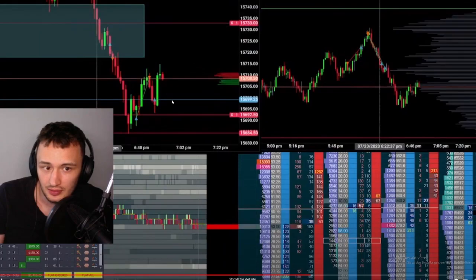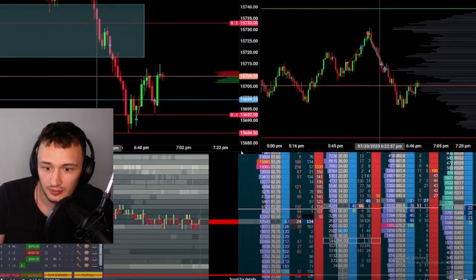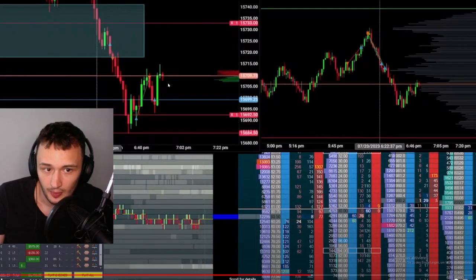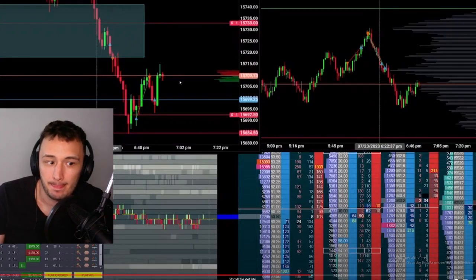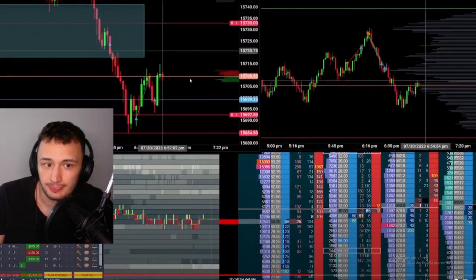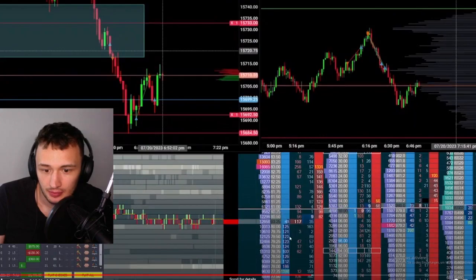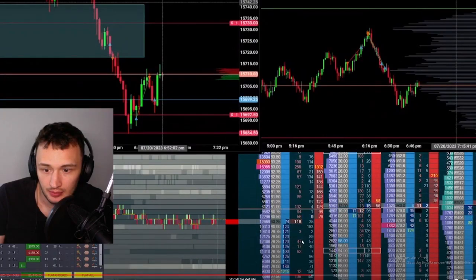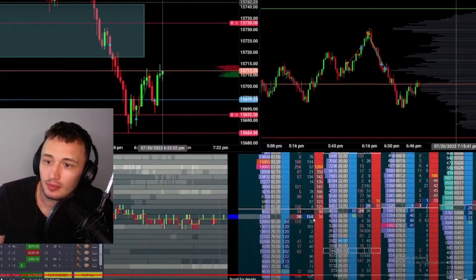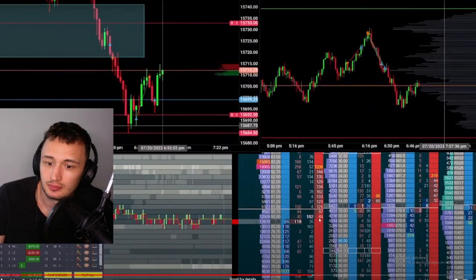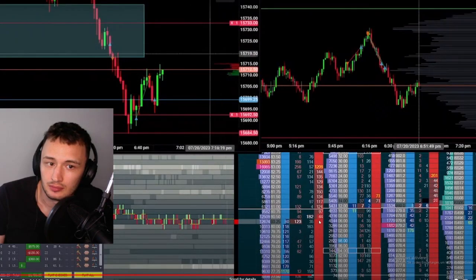I see it trying on the NQ, but kind of failing. So I'm really looking more at the ES here. I don't want to see the ES lose the 80s here. If the ES loses 80 here, I'm out of my NQ trade.